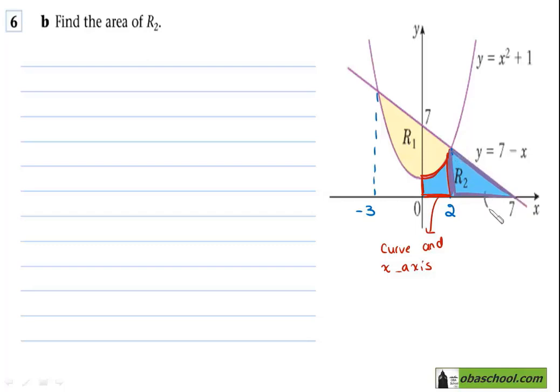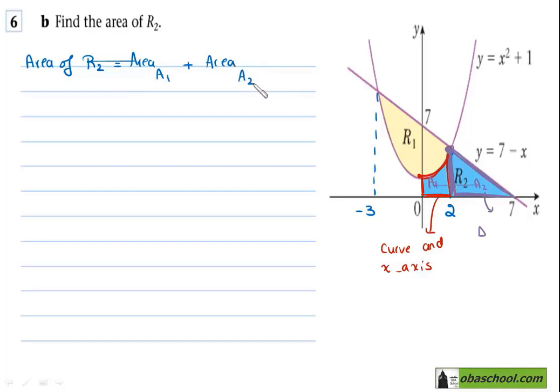So R2 has A1, which is this part, and it has A2, which is a triangle. So area of R2 equals area of A1, which is this, plus area of A2, which is the triangle.